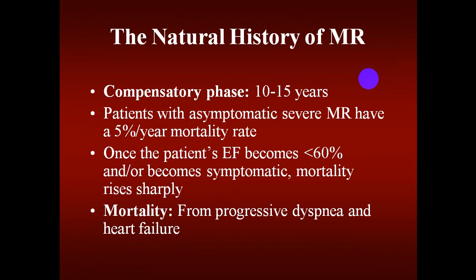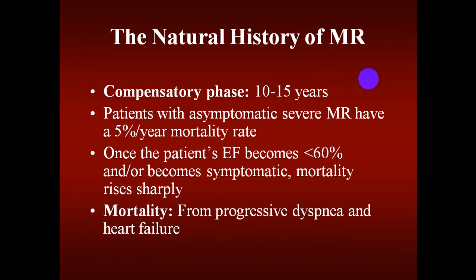In the compensatory phase, as we said, the natural history of mitral regurgitation is about 10 to 15 years asymptomatic. Patients with asymptomatic severe mitral regurgitation have a 5% mortality rate every year. Once the ejection fraction becomes less than normal, less than 60%, and or the patient becomes symptomatic, mortality rises sharply.